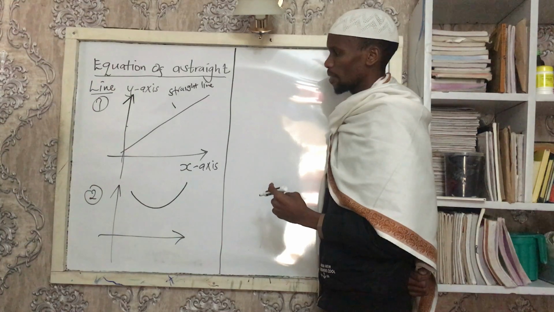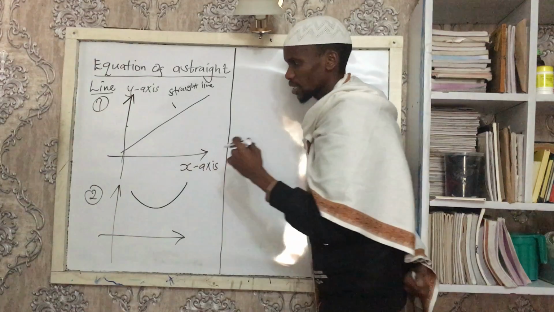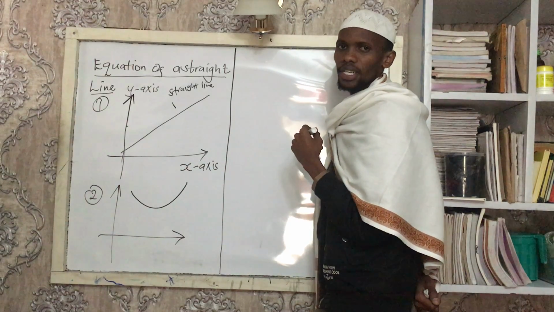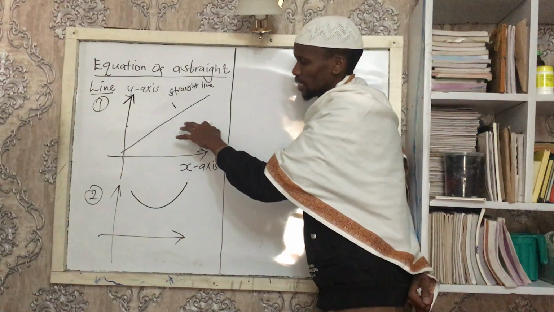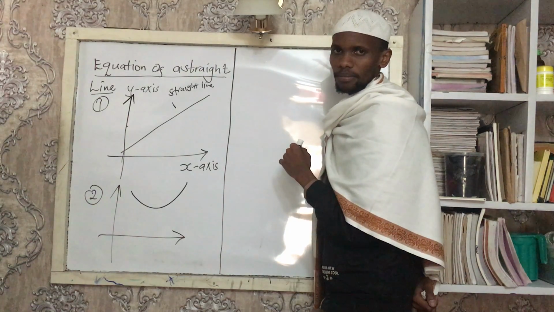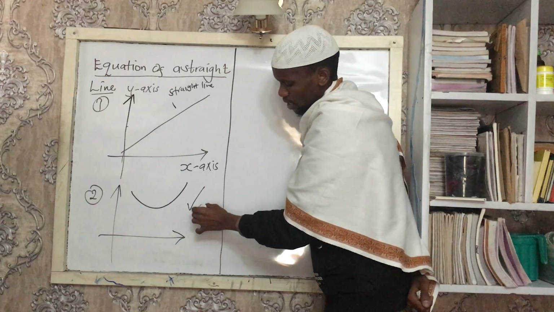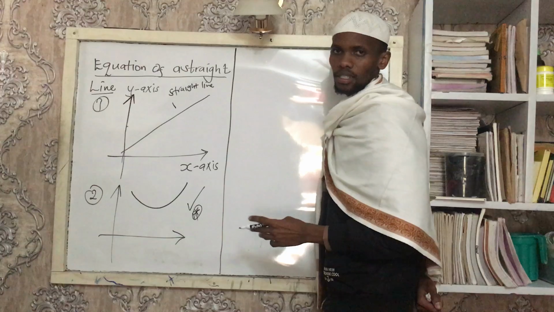So the big question is, how do we get the gradient? We'll start by getting the gradient of a line, either a straight line gradient or a curve gradient. For a curve gradient, we are going to use calculus.